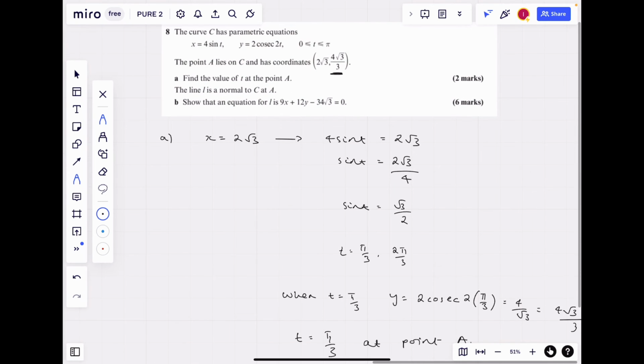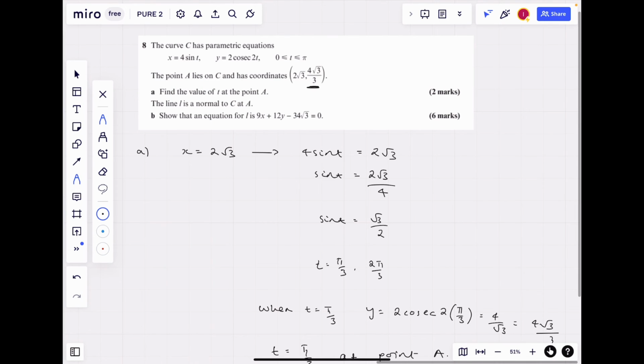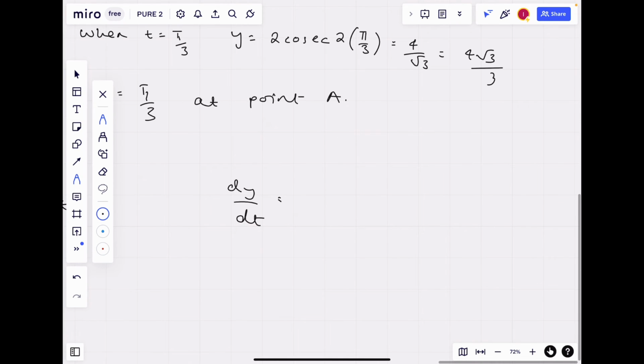4 sine t differentiated is 4 cos t. And then 2 cosec 2t is minus 4 cosec 2t cot 2t.